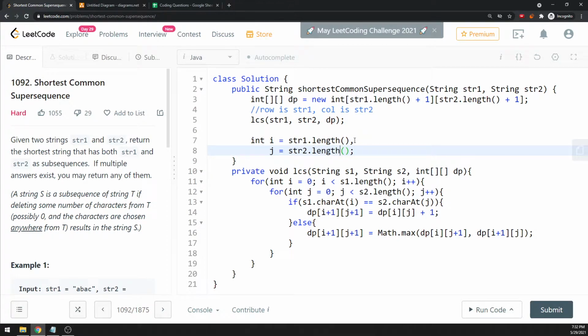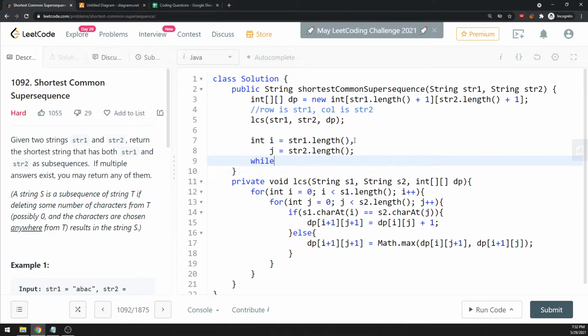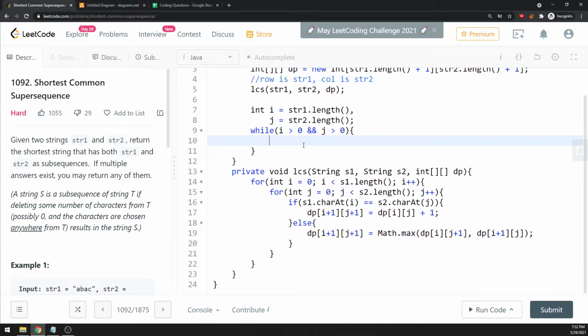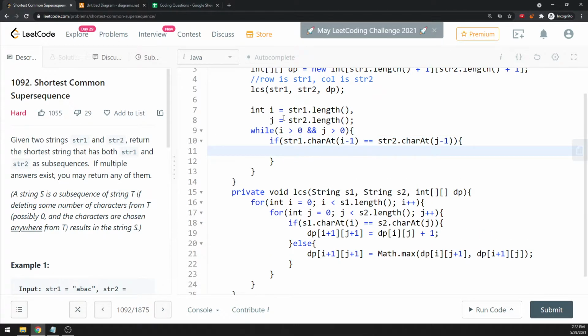Now I'm going to say while i greater than 0 and j greater than 0. Okay, what should I do? I should check the characters. If string 1 char at i minus 1 is equal to string 2 char at j minus 1. There's a reason why I use i minus 1 and j minus 1: i represents the length of string 1, and j represents the length of string 2, and you use the minus 1 to get your last character.